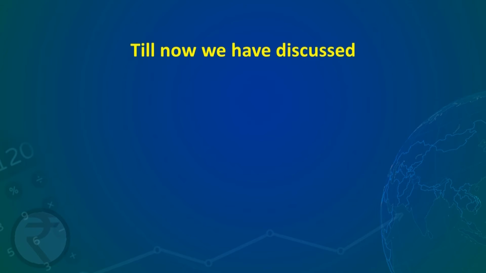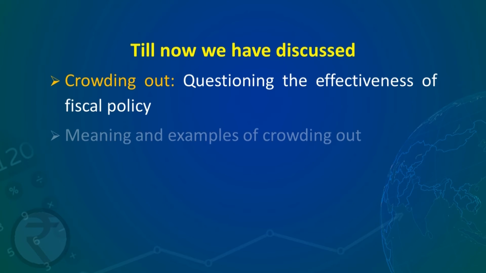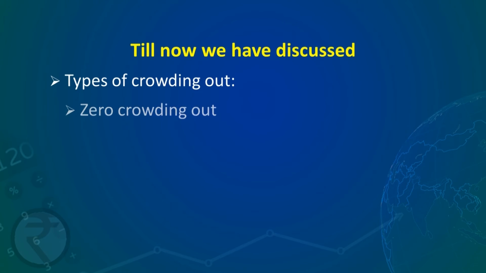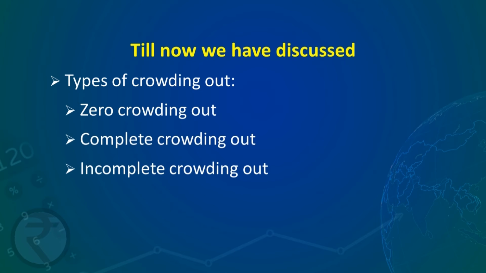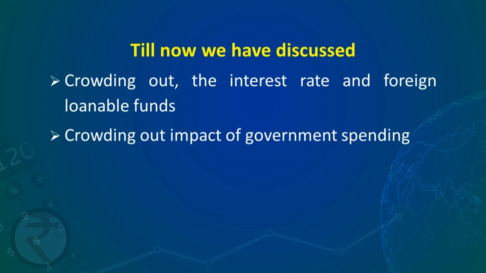Till now we have discussed crowding out, how it questions the effectiveness of fiscal policy, the meaning and examples of crowding out, types of crowding out as zero crowding out, complete crowding out and incomplete crowding out, the interest rate and foreign loanable funds, crowding out, and the impact of government spending.